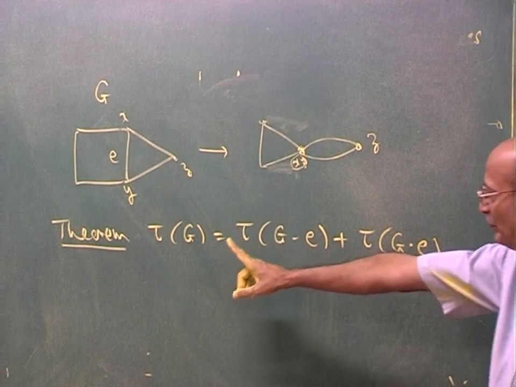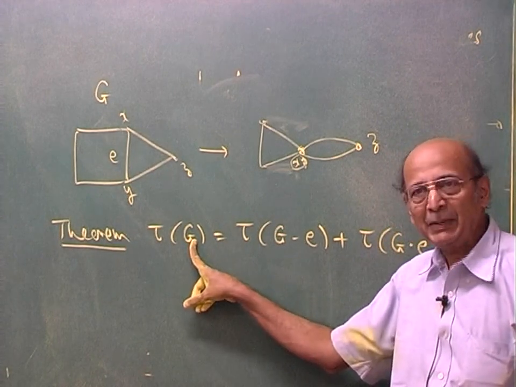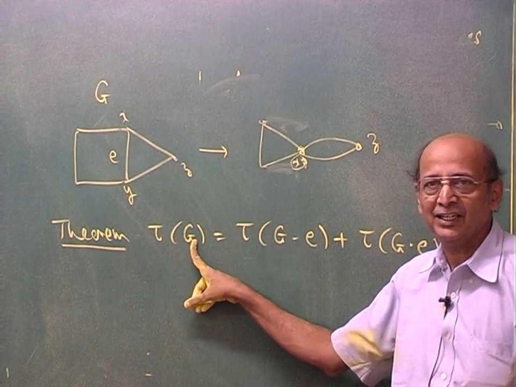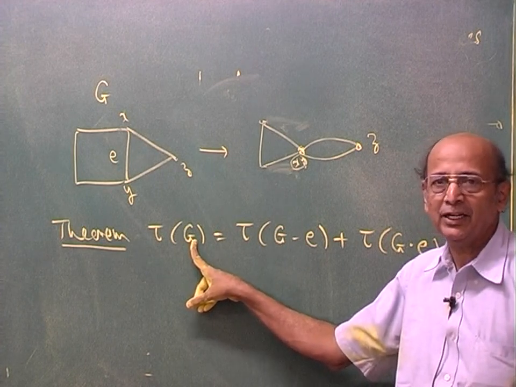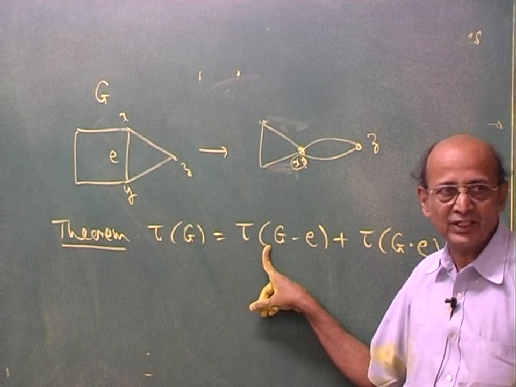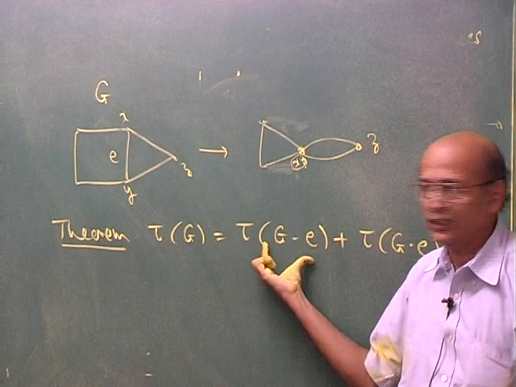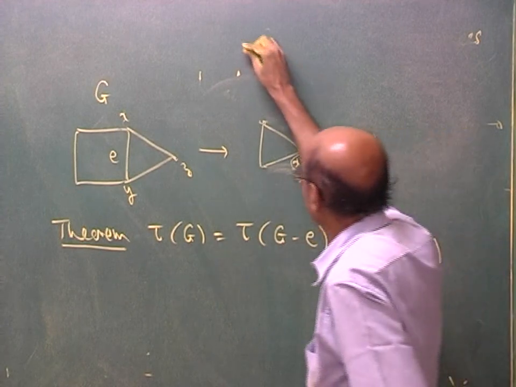How is any spanning tree in G constructed? A spanning tree in G is constructed either that spanning tree uses E or it does not use E. If it does not use E at all, then it is the number of spanning trees in G minus E. And just see how G minus E will look like here.